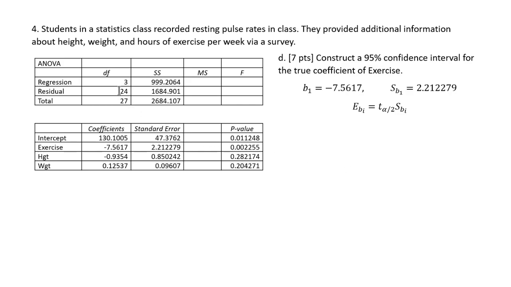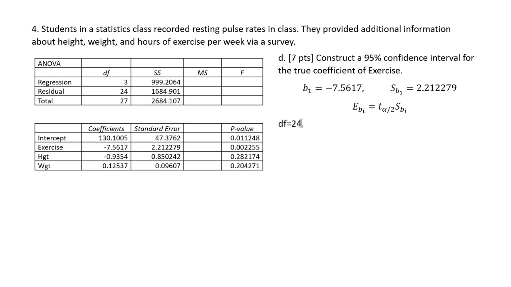Let's say if you have like 40 or 50 residual degrees of freedom, then you can use just the z, but here it's less than 30, so we have to use a t distribution. And the way you get the t critical value is same as before, except that instead of using n minus 1, you actually have to use n minus 1 minus k, which in this table is just 24.